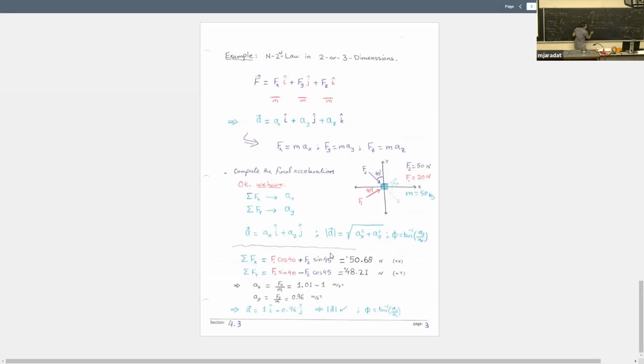F1 is 20 cosine 40 plus 50 sine 45, which is equal to 50.68 newtons. It is positive, meaning the positive x-axis.